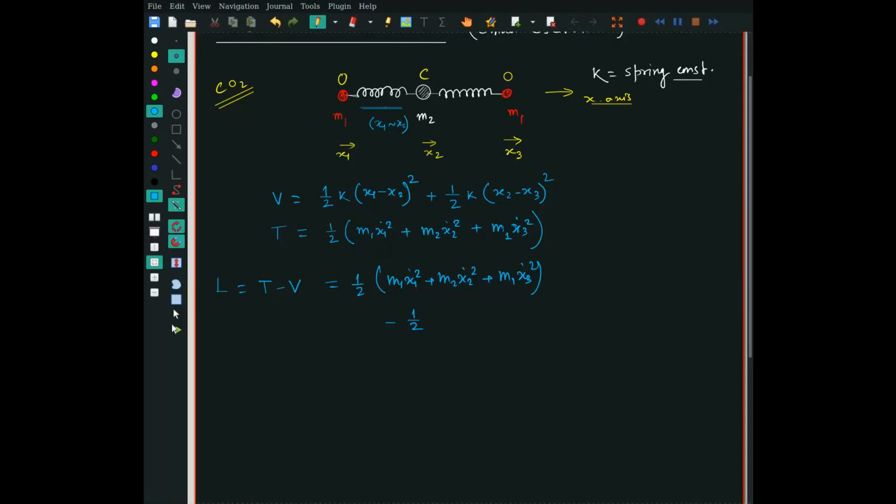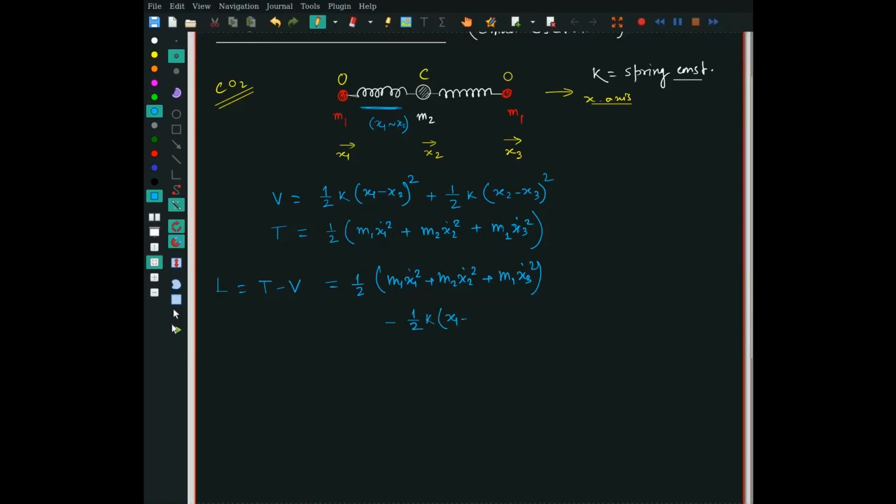I'm not saying that the bond length is fixed. These three are just independent displacements. So all of them can be displaced independently.